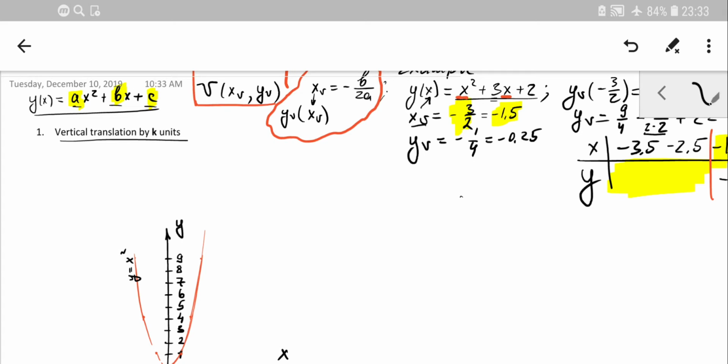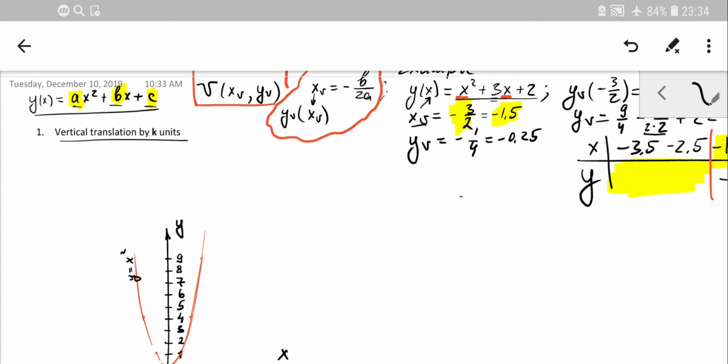You simply lift it up by k units, all right? So what it means is you lift every single vertex of your shape by k units. If k is positive, you lift it up. If it's negative, you lift it down.